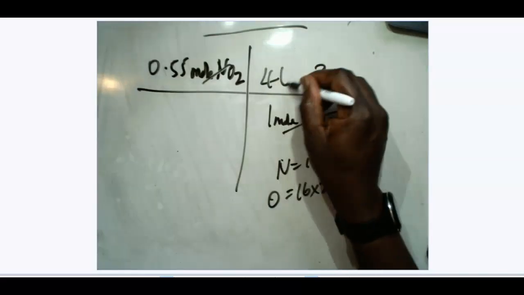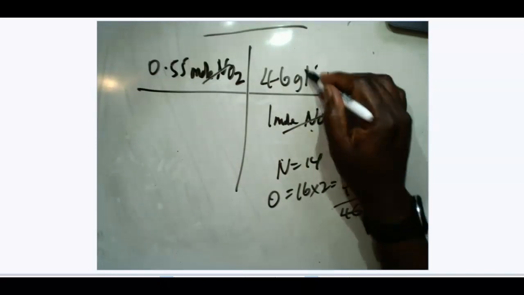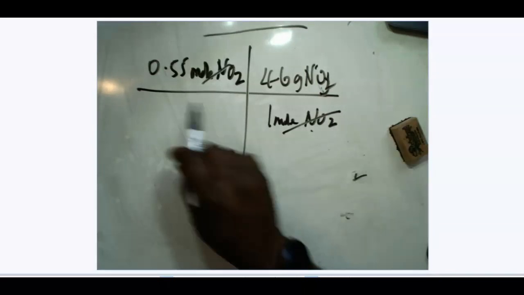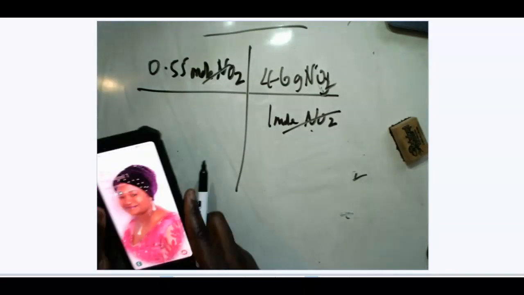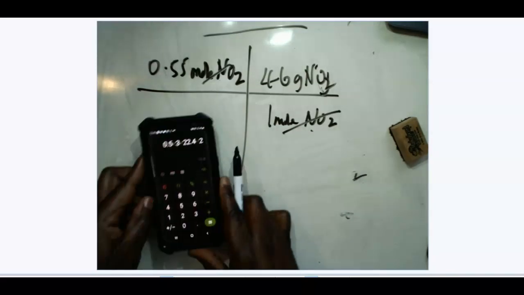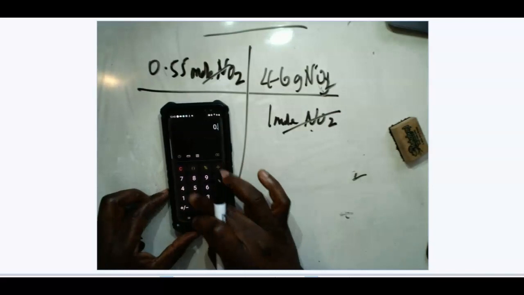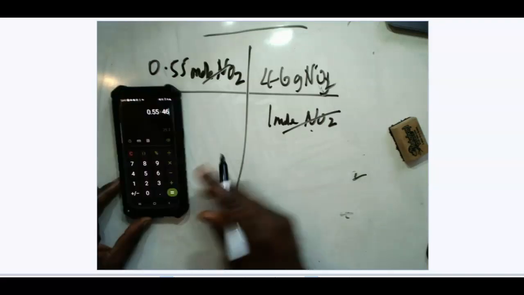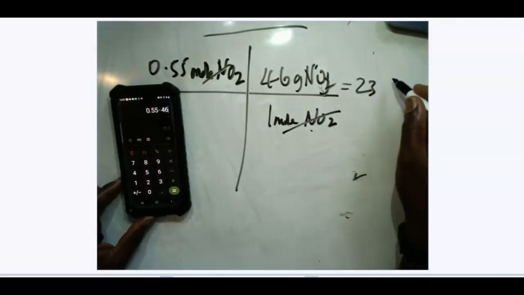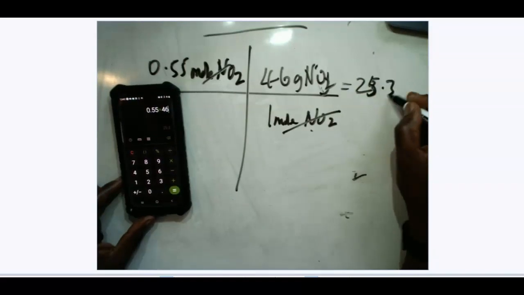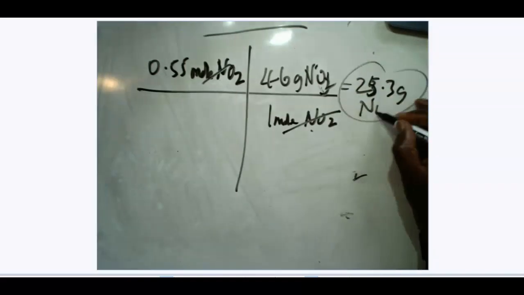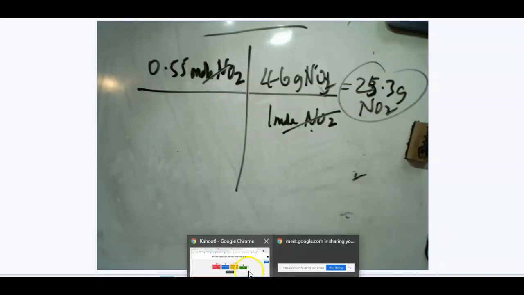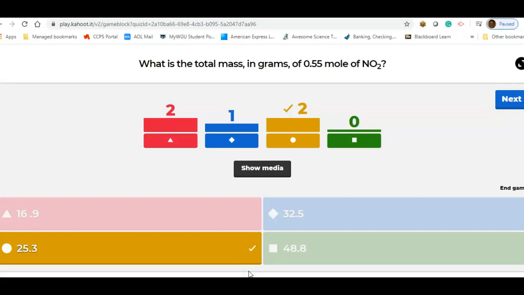So this is 46 grams of NO2. So the answer is you multiply 0.55 times 46. That will give you 25.3 grams of NO2.